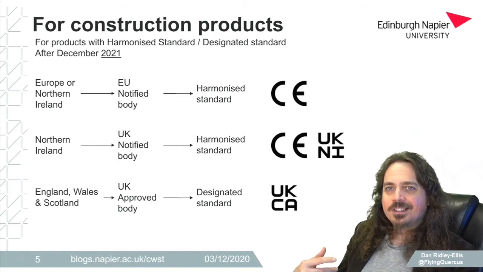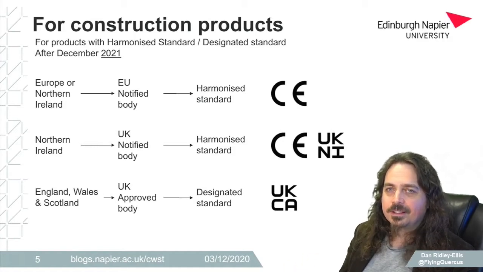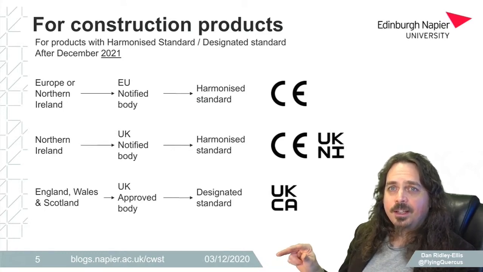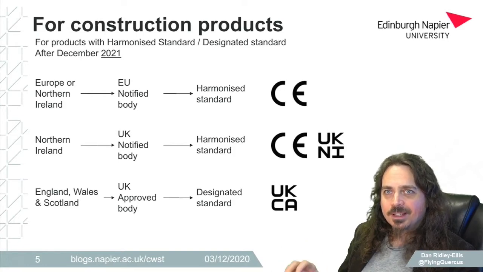And that means an approved body instead of a notified body, and a designated standard instead of a harmonized standard. Now, hopefully, those systems are completely parallel. You still need to have two separate approvals for your product, which is annoying. But hopefully the same standard will be a harmonized standard as is a designated standard.